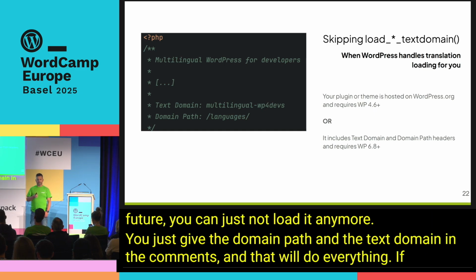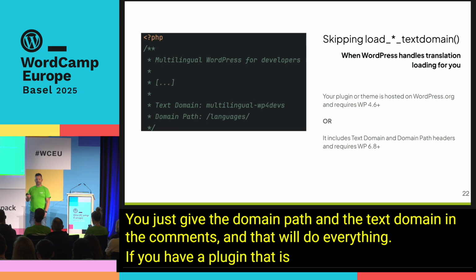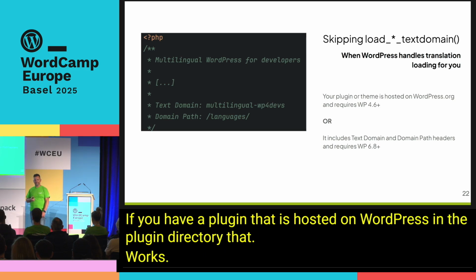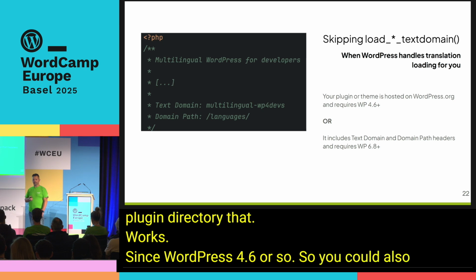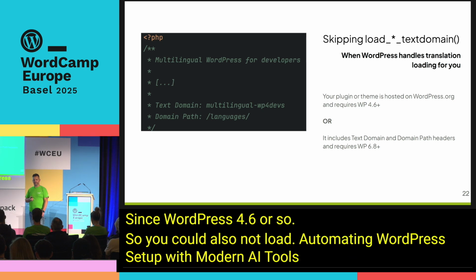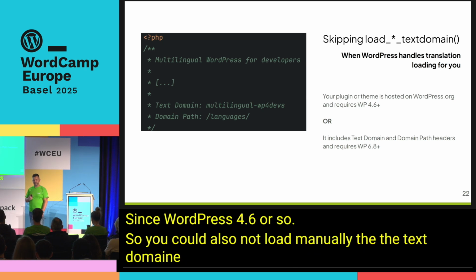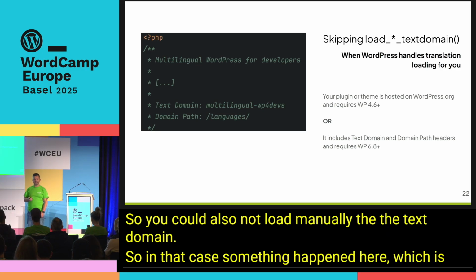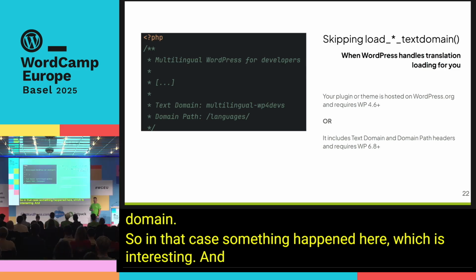If you have a plugin that is hosted on WordPress in the plugin directory, that works since WordPress 4.6 or so. So you could also not load the text domain manually. So in that case, something happened here which is interesting, and you have fewer hurdles.